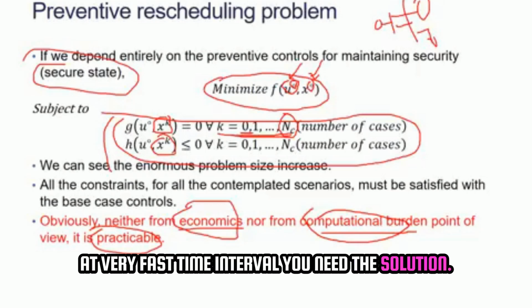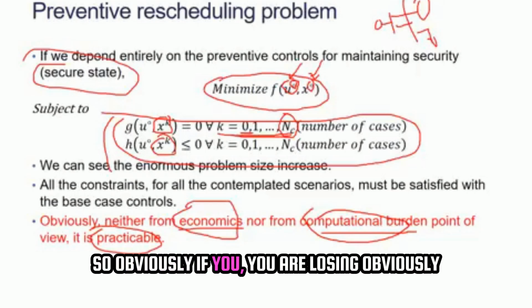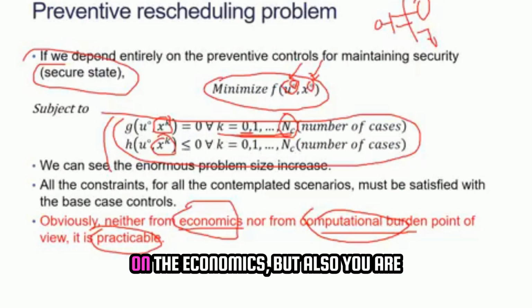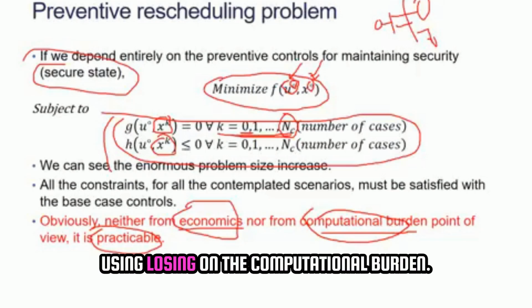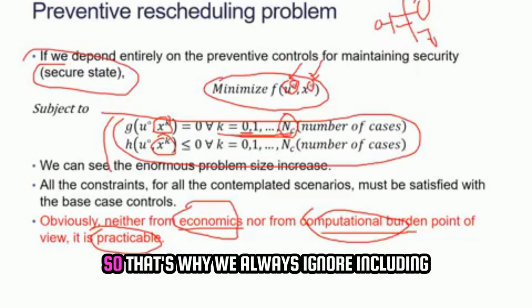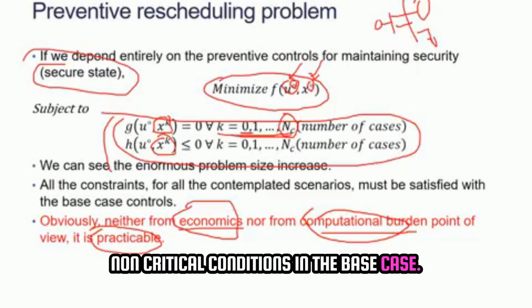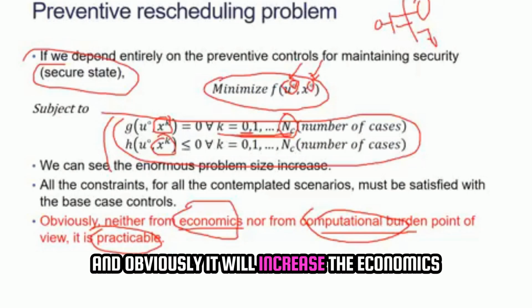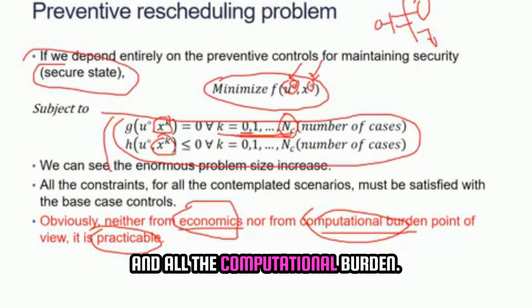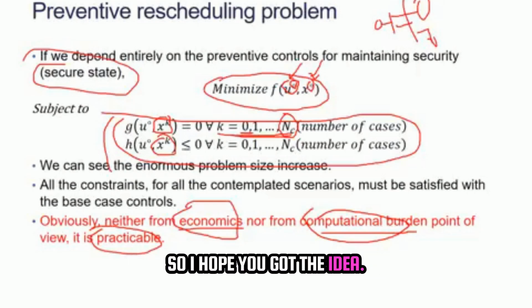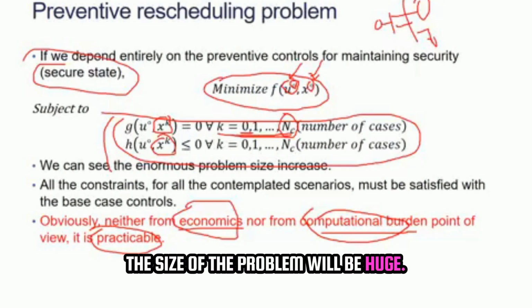You need the solution quickly, so you lose on the economics and also on the computational burden. That's why we always avoid including all the critical or non-critical contingencies in the base case. So I hope you got the idea. The size of the problem will be huge.